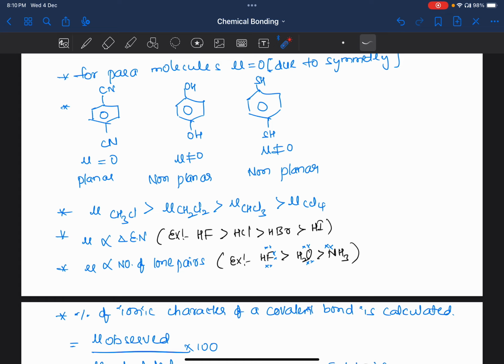So on increasing the number of lone pairs on the center atom, dipole moment also increases, when the side atoms are similar.